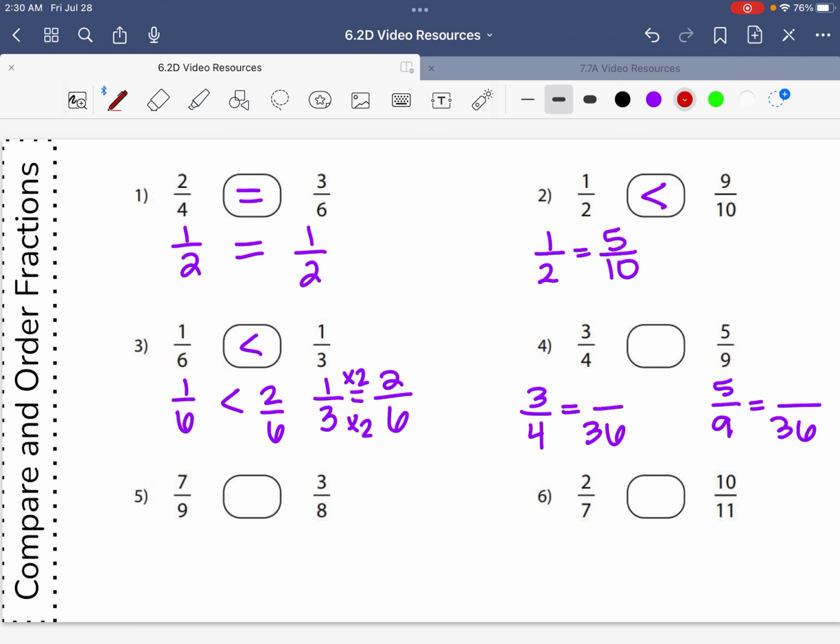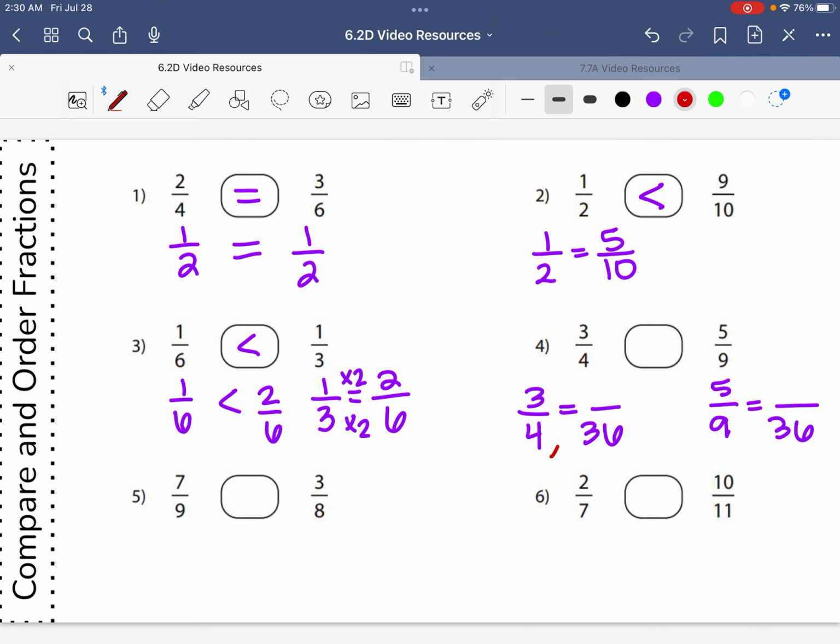And for the first one, I see that to get from 4 to 36, I'm scaling up by 9. So 4 times 9 is 36. So 3 times 9 is 27. I'll take that same kind of thinking when I look at the next problem. So 9 to 36, I'm multiplying by 4, which means I'm also scaling 5 up by 4.